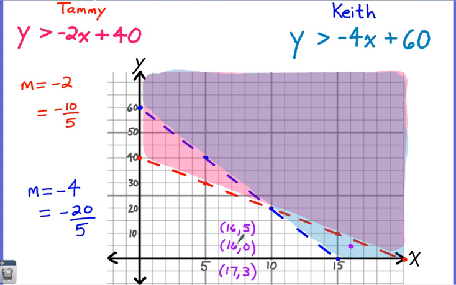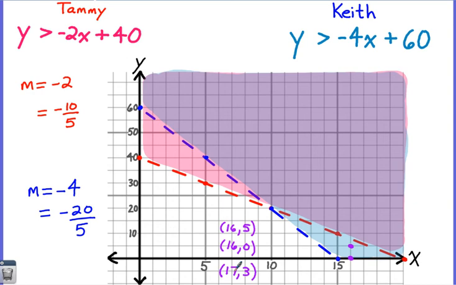Or even, check this out, 16 comma 0, which is right here. That would be yet another possibility for your answer for Part B. And look, there's more points, solutions, combinations in that little shaded section. Like 17 comma 3.